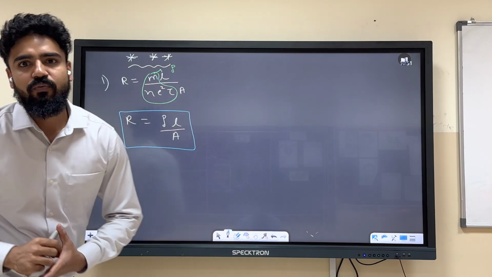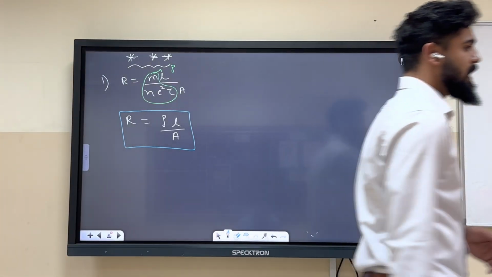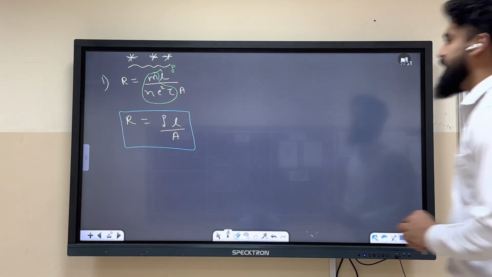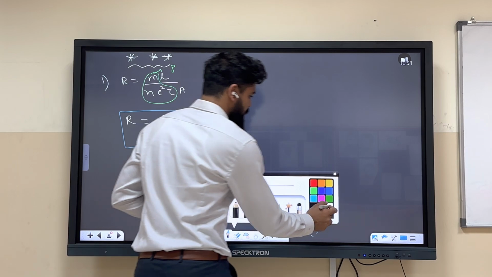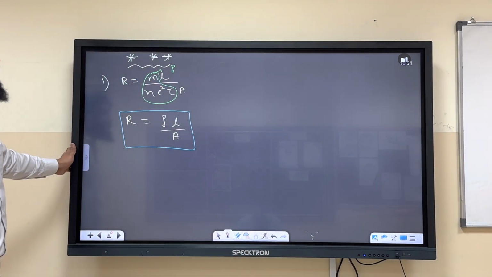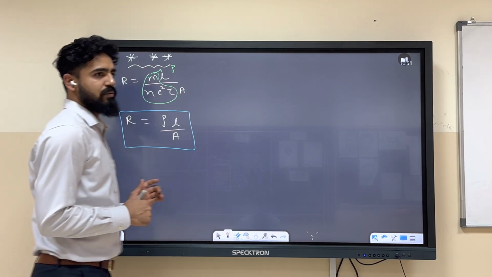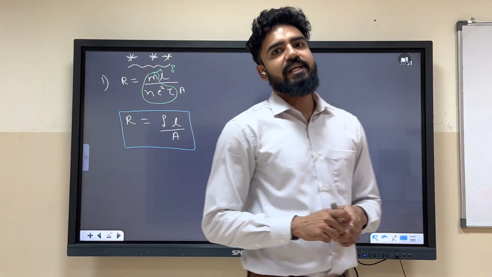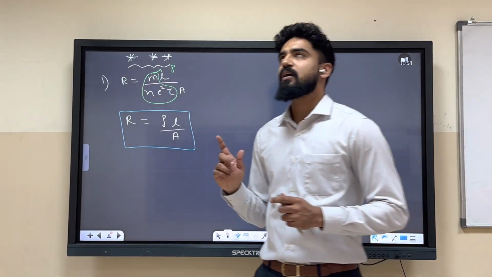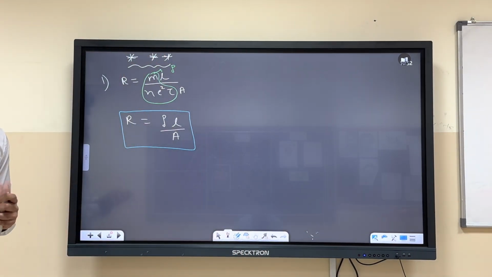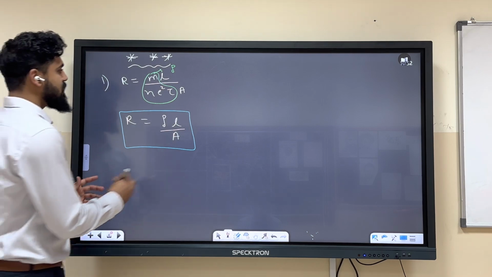So R equals to what? Rho L by A. R equals rho L by A. Now, from here we understood how resistance was coming in terms of resistivity, length and area.